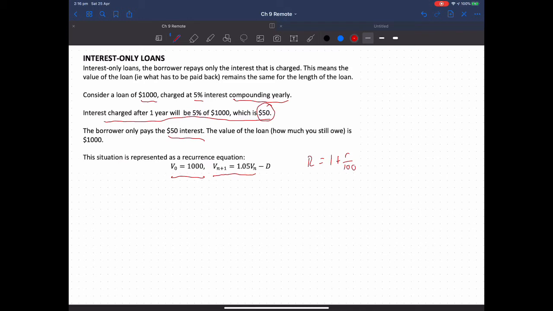It was 5%, so 1 plus 5 on 100, which is 1.05, minus D. D is the repayment. In this case, the repayment is going to be $50. So I'm going to write my recurrence relation as Vn plus 1 equals 1.05 Vn minus 50.